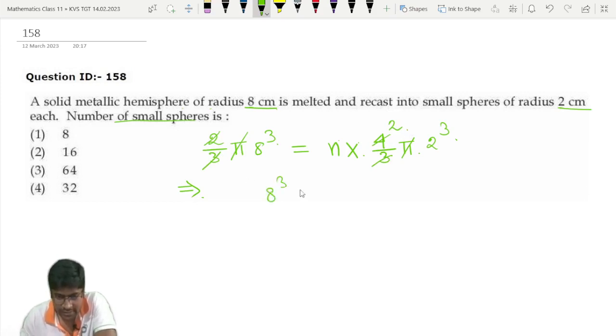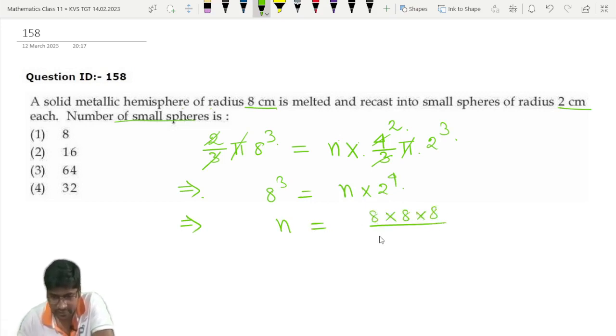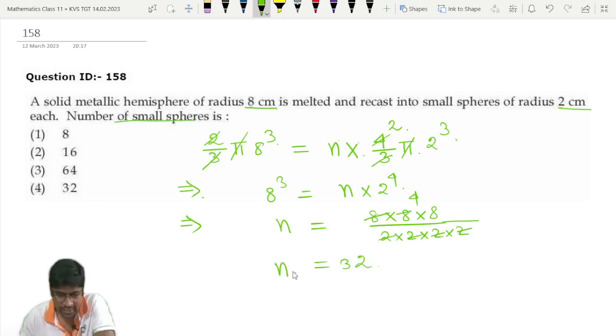So 8 cube will be equal to n into 2 to the power 4. Therefore n will be equal to 8 into 8 into 8 divided by 2 into 2 into 2 into 2. So 2 2 2 and 1 8 cancelled, and 2 4 8, 4 8 32, n is equal to 32. Is it clear to everyone? So n is equal to 32. So option 4 is the correct answer for this question.